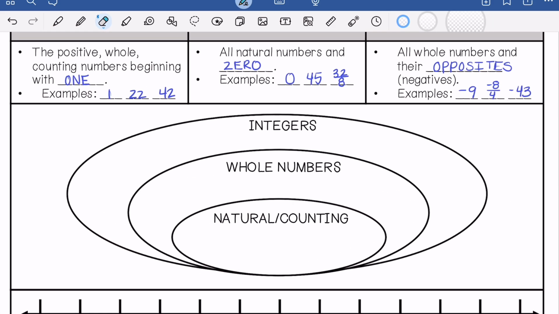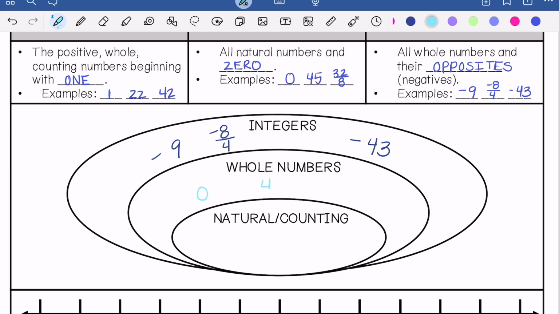So I'm going to put these examples in this graphic right here. We have our integers. These only can be classified as integers, so they are going in the integer part of the graphic. Then we have whole numbers.